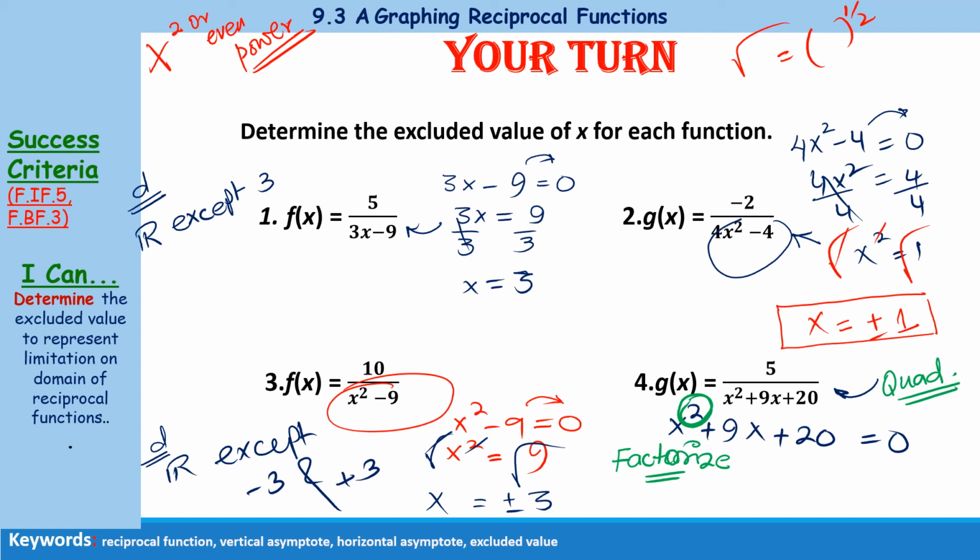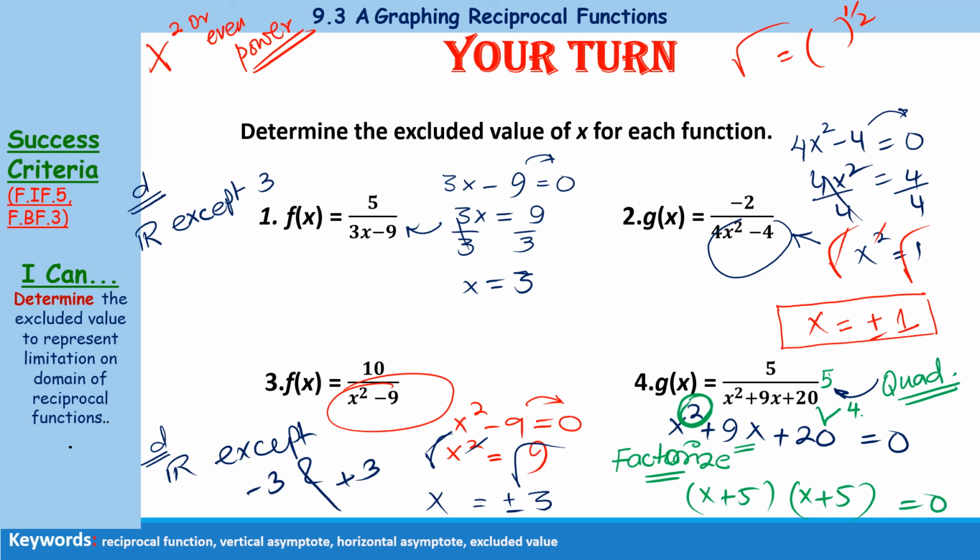You will factor the 20 so that when you add or subtract, you get the middle number. So it will be 5 and 4, because 5 times 4 gives you positive 20 and 5 plus 4 gives you 9. So you can write it in brackets as x plus 5 and x plus 4, and these give the excluded values.